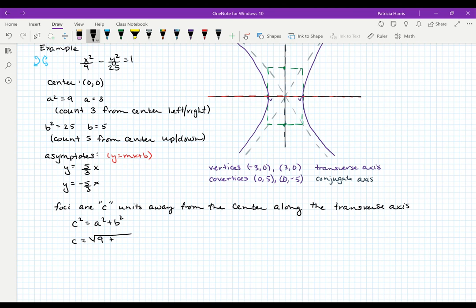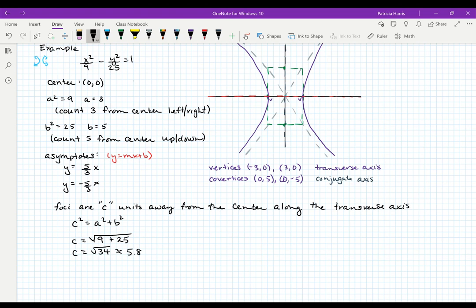So it's going to be 9 plus 25, and then we take the square root. That gives me the square root of 34. Using my calculator, I get 5.8.